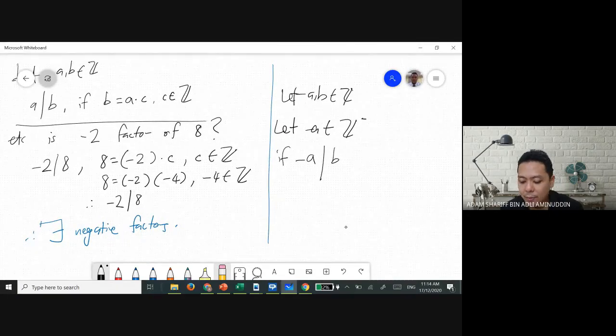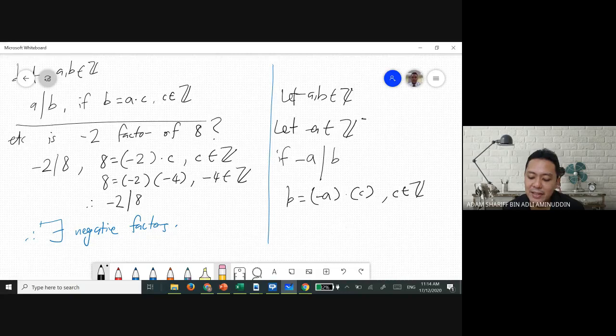Jika negative A merupakan faktor kepada B, then B equals negative A times C. This C must be integer. That's all. I think there is no problem. B equals, kalau kita jadikan dia A, B sama dengan A times negative C. Negative C still integer.